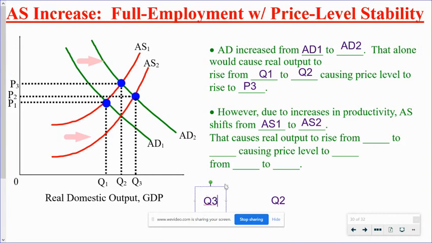So we're actually getting more output as a result of this change in aggregate supply. So what has happened when you get more real output, ladies and gentlemen? Well, that puts pressure on the price level to move the other direction, causing the price level to move downward from where we were, P sub 3, now down to P sub 2.